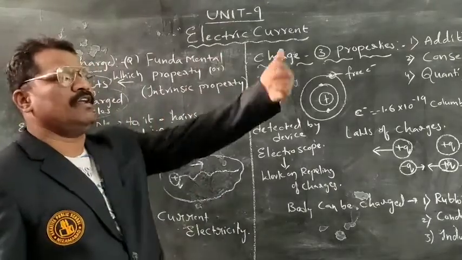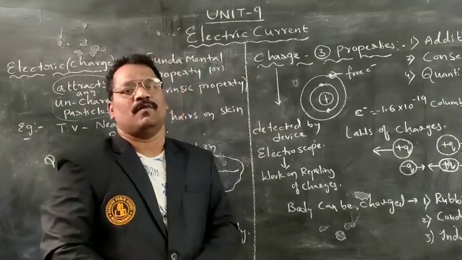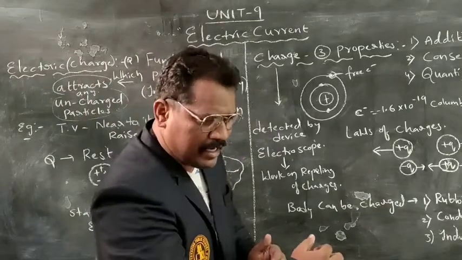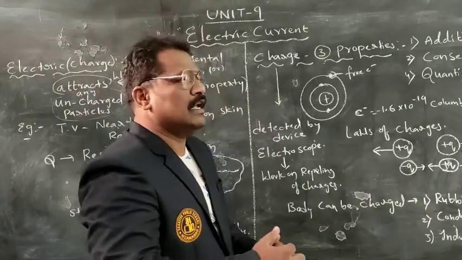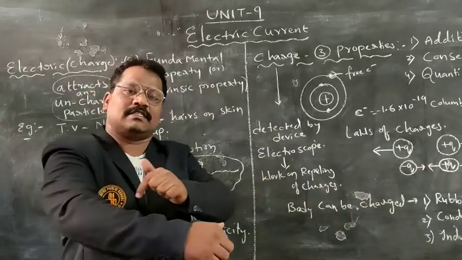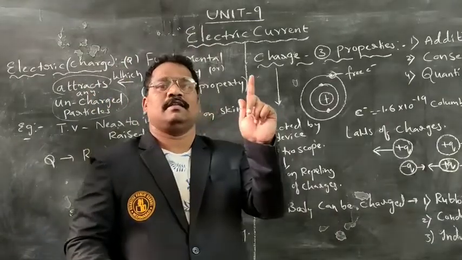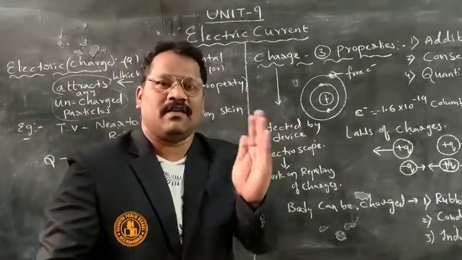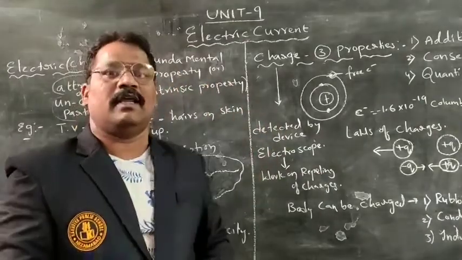Example, as the TV is running in our home, when we go near the screen of the TV and just stand there, we observe the hair on our hand slightly raises up. It indicates nothing but what? The TV is running with a current, it is charged already.